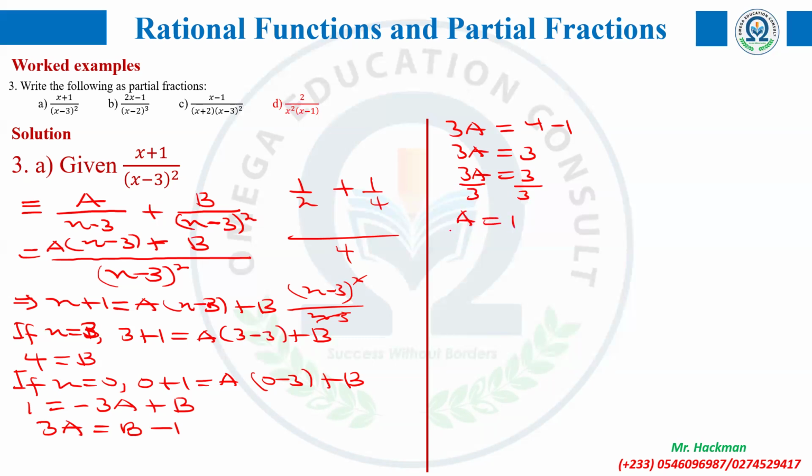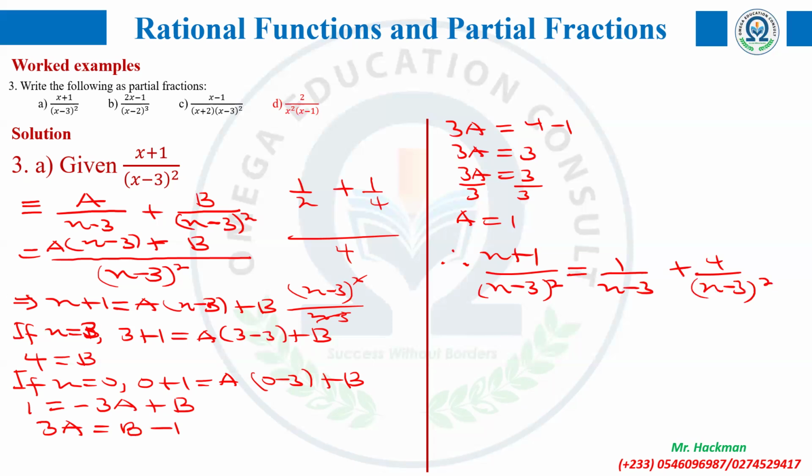So at this point, I can draw my conclusion. Therefore, (x plus 1) over (x minus 3) all squared, its partial fraction will be equal to a. Did a give us positive? Yes, positive. So I can start with it: 1 over x minus 3. Then plus your b. b is also positive, yes. So plus 4 over (x minus 3) all squared. Point well made.